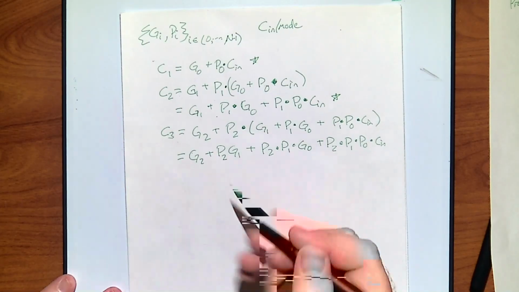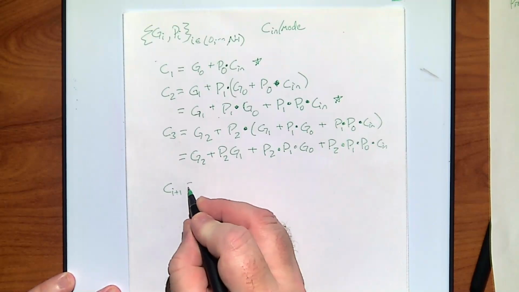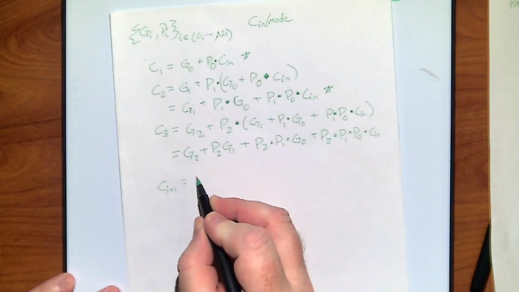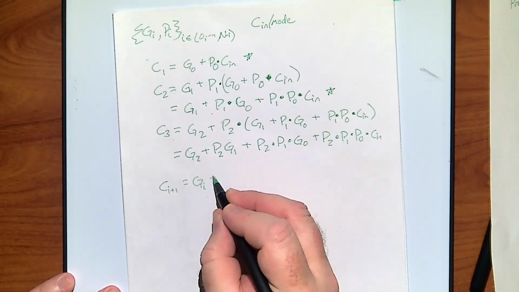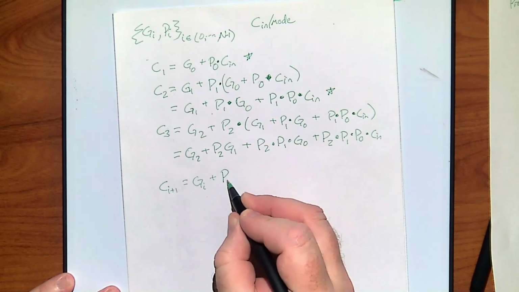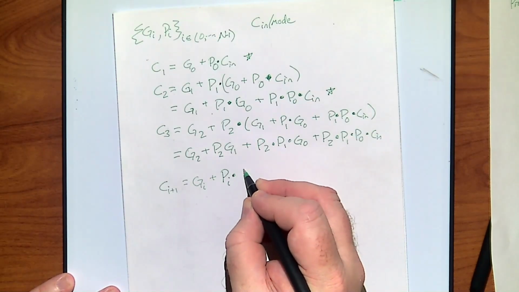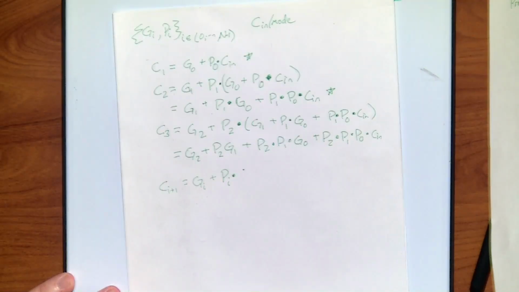Can anybody tell me from looking at this what Ci plus 1 will be? So Gi plus, yeah, times the Ci, which, can you just tell me what that substitution will look like?